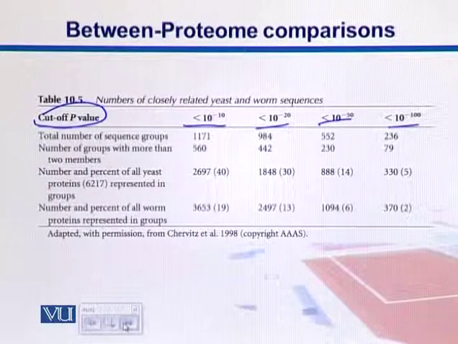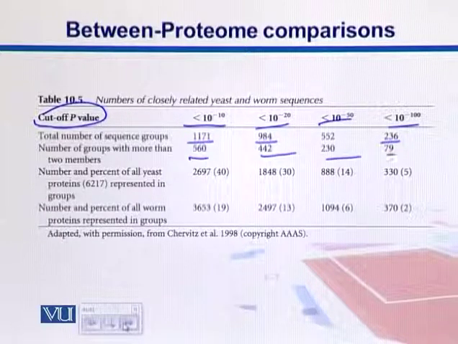Then we have the total number of groups at different cutoffs. If we go on stringent criteria, we have fewer common orthologous groups. If we relax them, we have more. And then we have the number of groups with more than 2 members here, and then the percentage of yeast, how many among the total are present in these two groups.